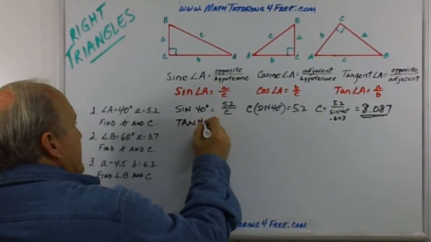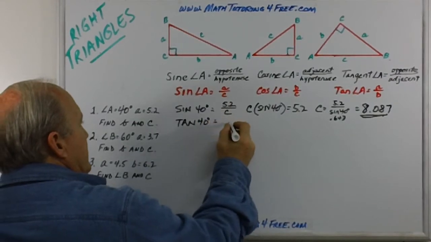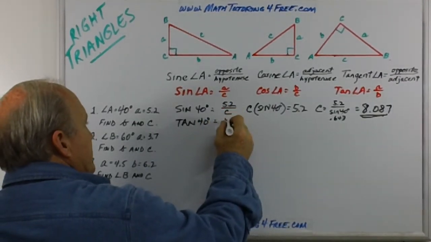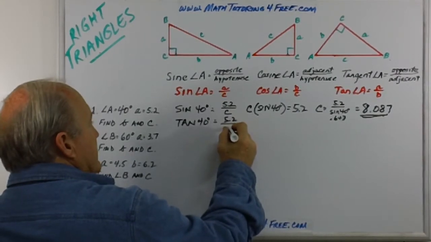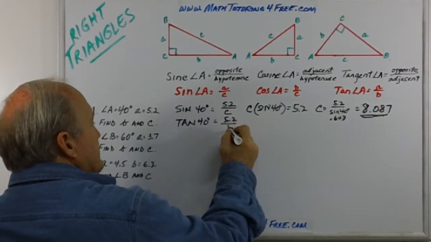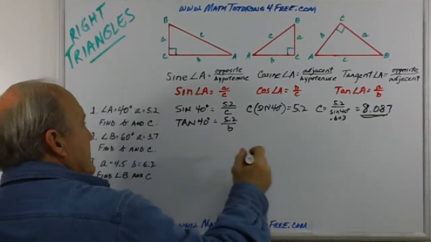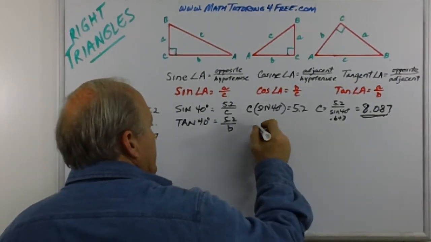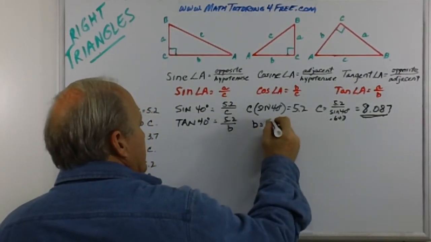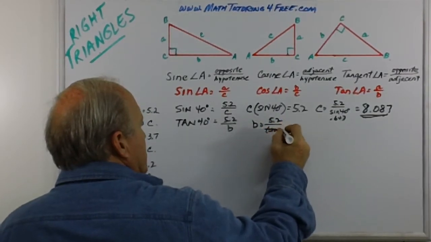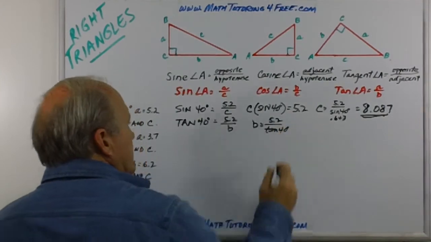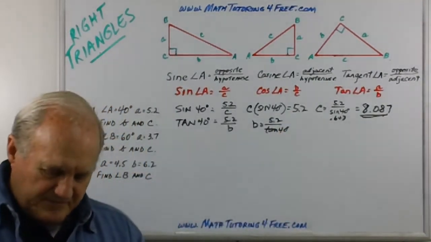the tangent of 40 degrees is now equal to what? The opposite, which is 5.2, over the adjacent side, which is B. We go through that same thing and we know that we end up with B is equal to 5.2 divided by the tangent of 40. What is the tangent of 40?